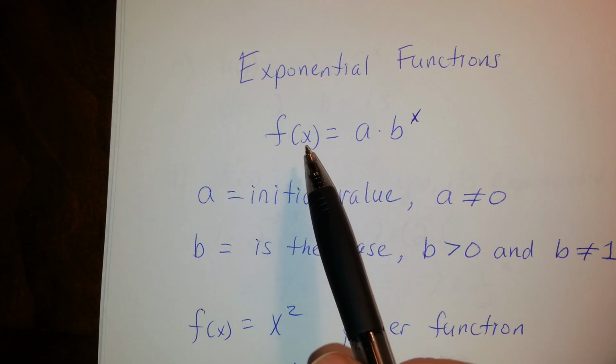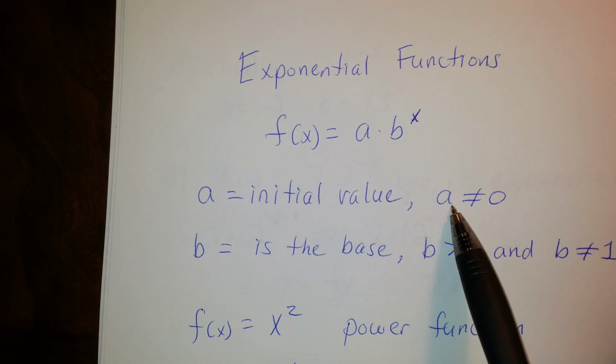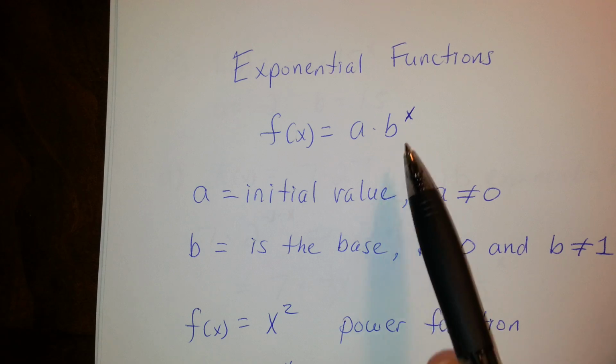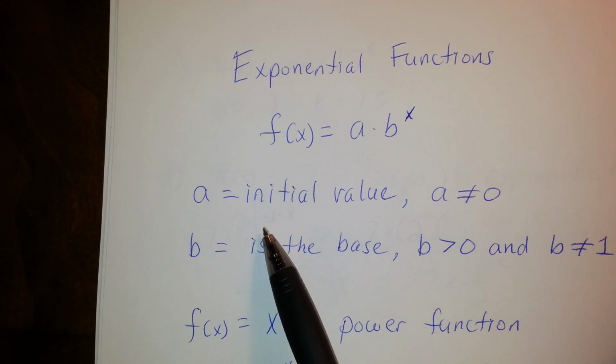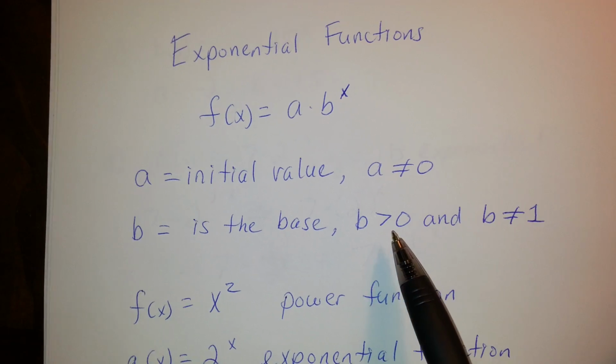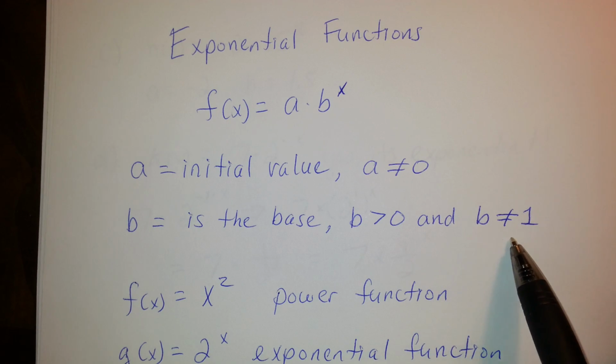Here are some rules. f of x equals a times b to the x. A is your initial value. A cannot be 0, since 0 times anything is 0. B is the base. B cannot be 0, b has to be greater than 0, but b can't be 1.